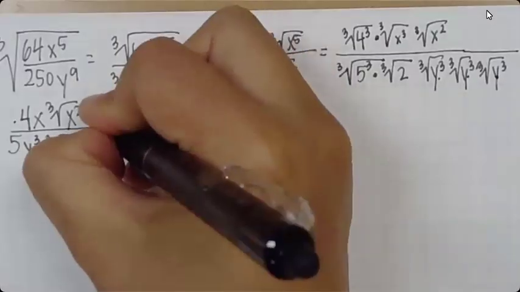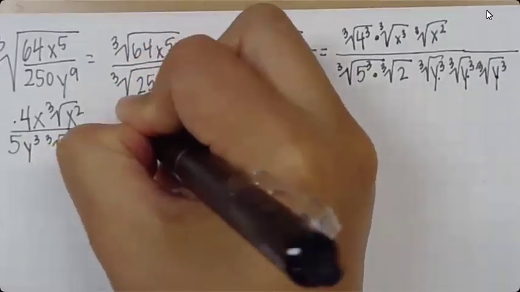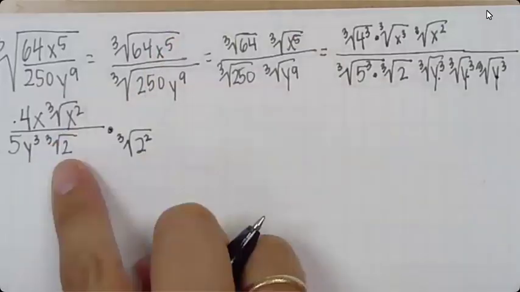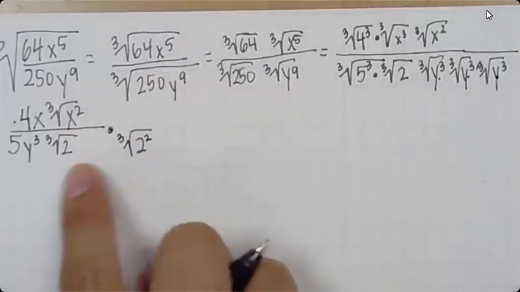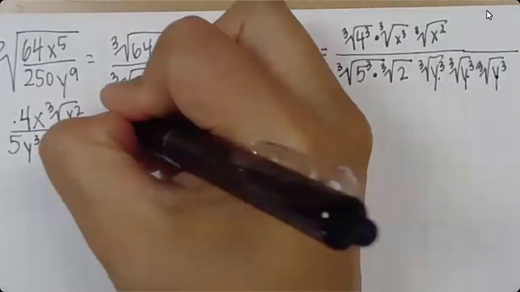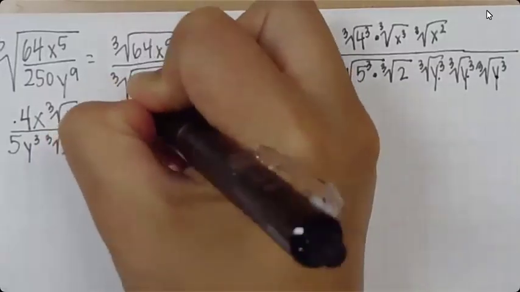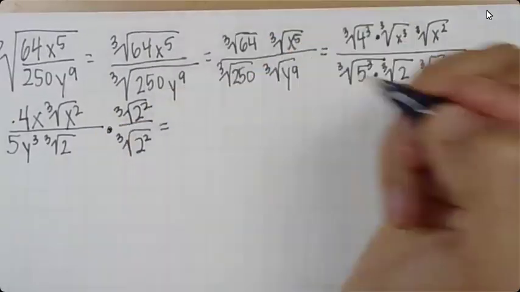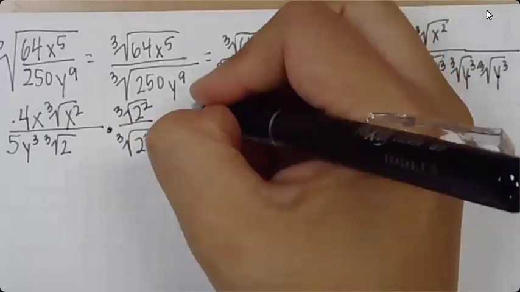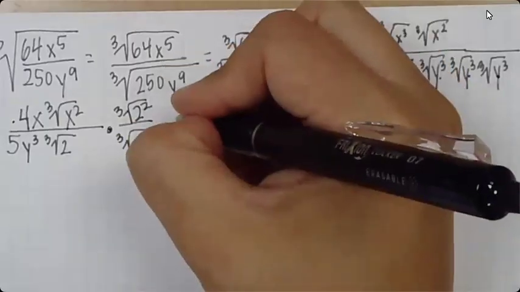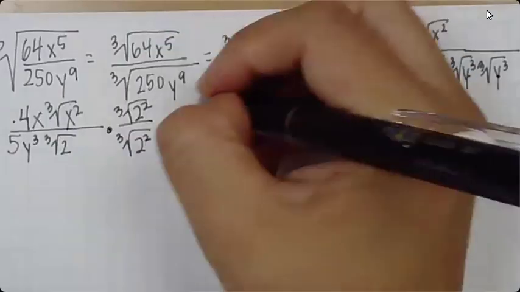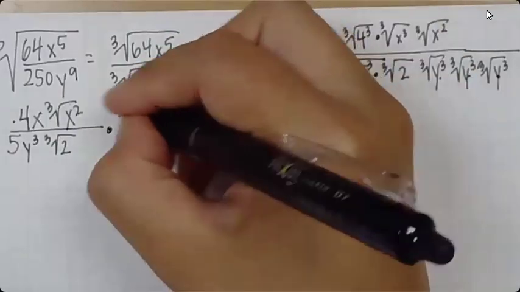So what I'm gonna multiply by is the cube root of 2 squared, so that when I multiply these out, all the 2's can come out. Now if I have the top, I'm multiplying this times this. This goes back inside there.